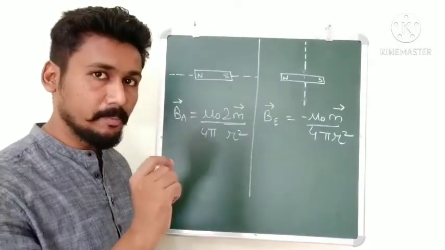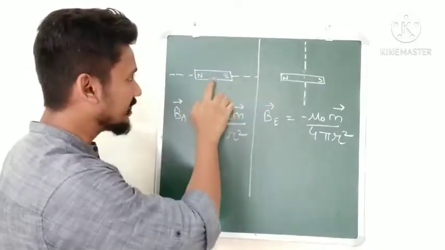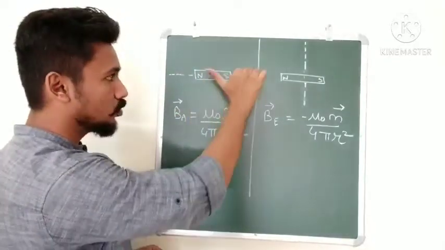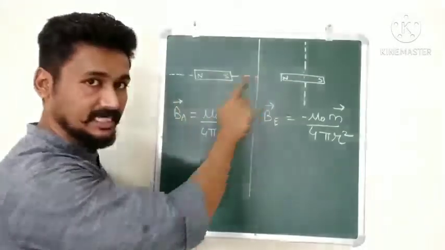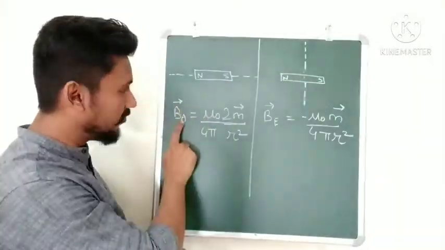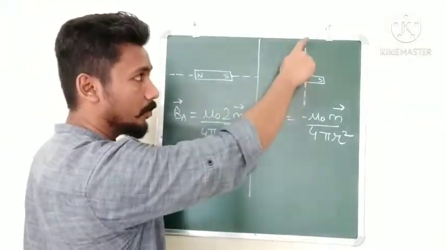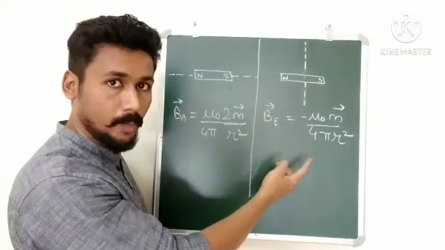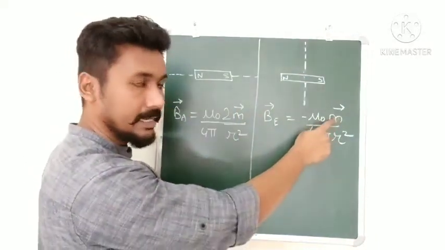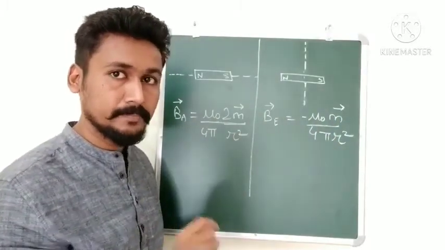The direction of the magnetic dipole moment is from south to north. In this case the magnetic dipole moment is going like this, south to north. So for a point on the axis, the direction of the magnetic field is the same as the direction of the dipole moment. But for a point on the equatorial plane, the direction of the magnetic field is opposite to the direction of the magnetic dipole moment. So these things should be remembered.